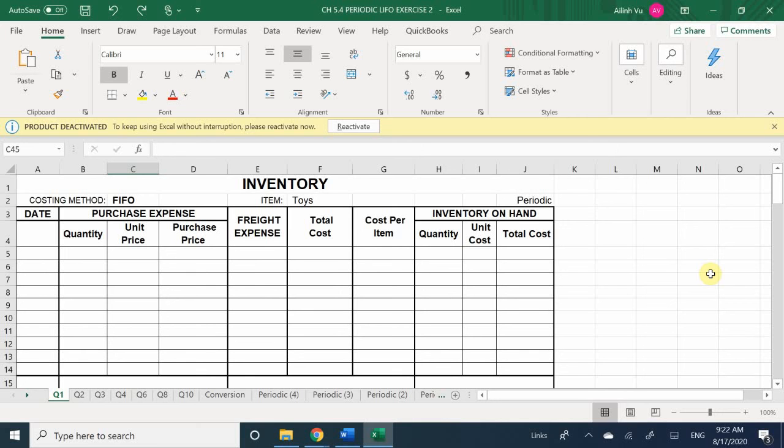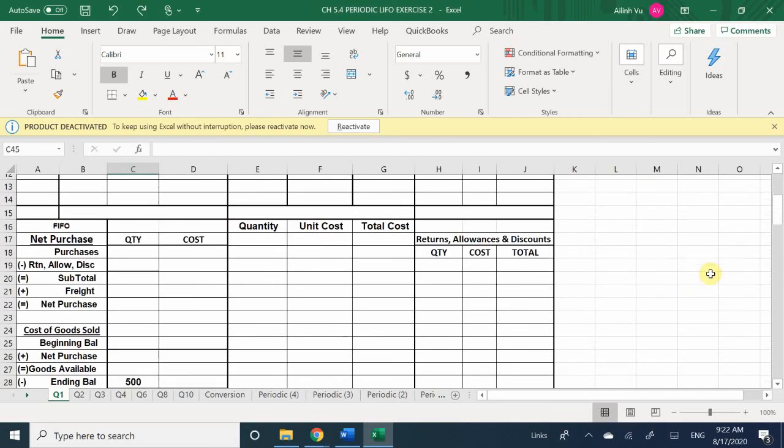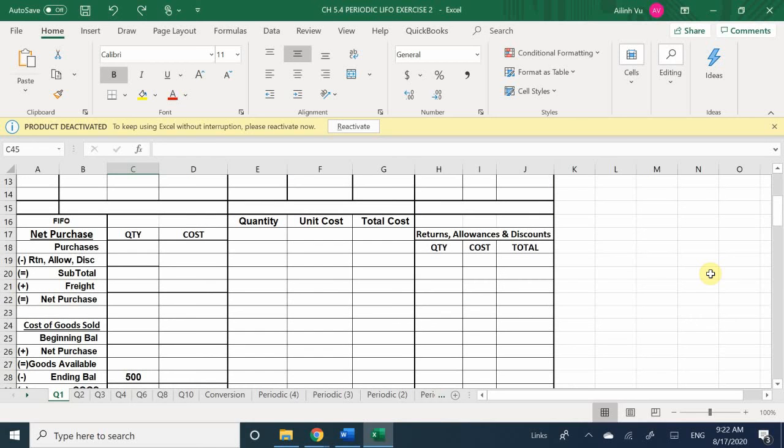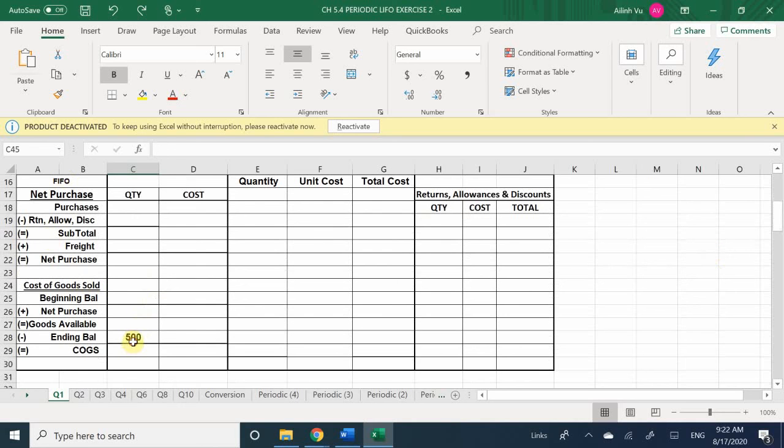Okay. Going back to this, here we're looking at our inventory worksheet. If you look carefully, if I drag it down to the bottom half, you have your calculation on how to solve for your ending inventory and your cost of goods sold. I'm going to get rid of that number.